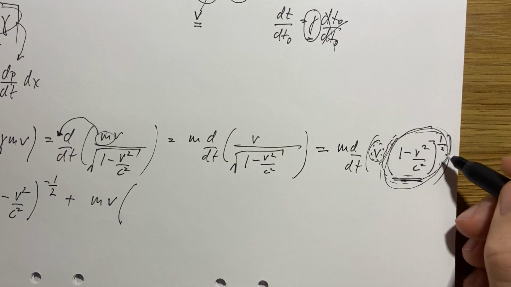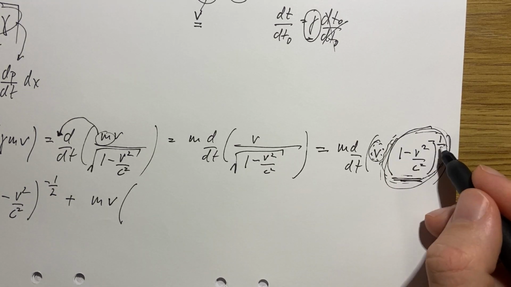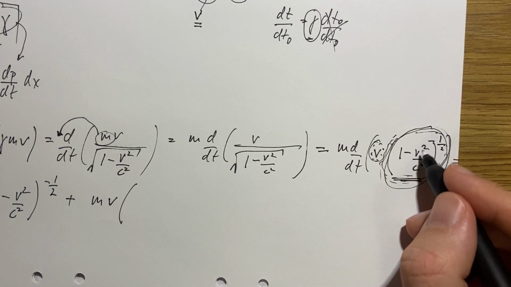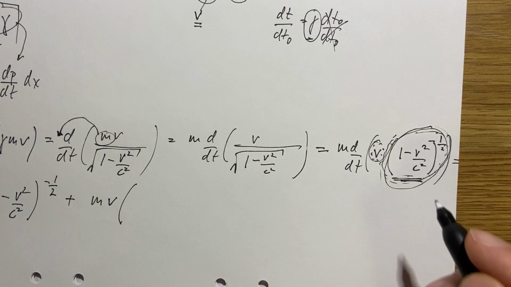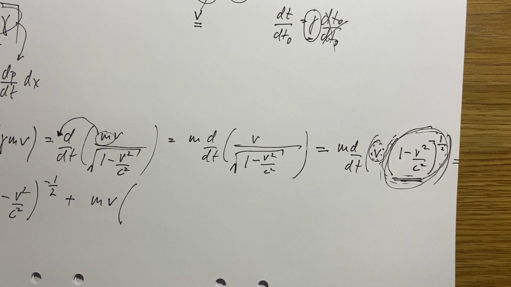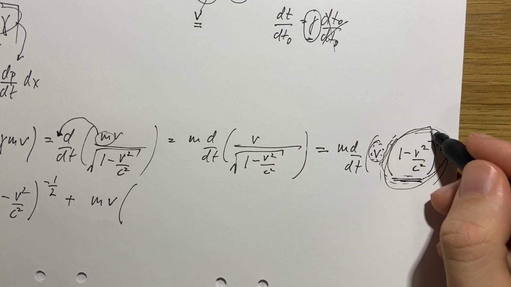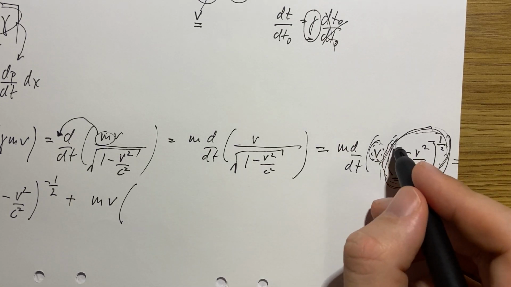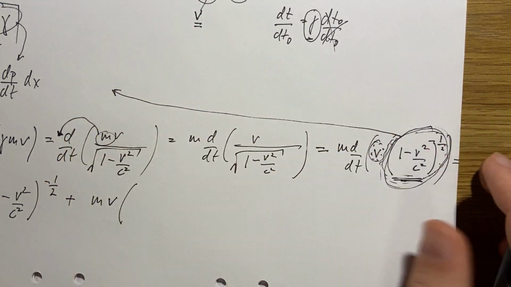As you can see, we have one function here, the brackets and the power of minus a half, and we have another function within this function, which is 1 minus v squared over c squared, so we can actually use the chain rule to differentiate this with regard to t. So let's go ahead and create some space to differentiate this with regard to t by the chain rule. So let's just move this there.